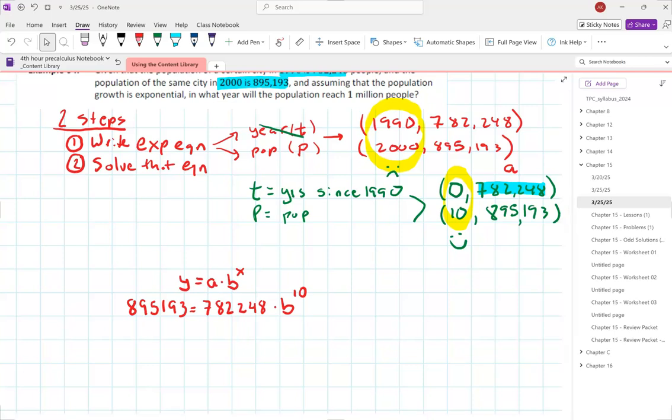So far, so good? What do I need to do to solve for b then? What do you guys think? Divide both sides by 782,000 and change, right?